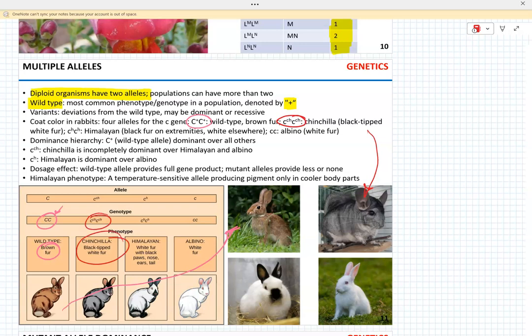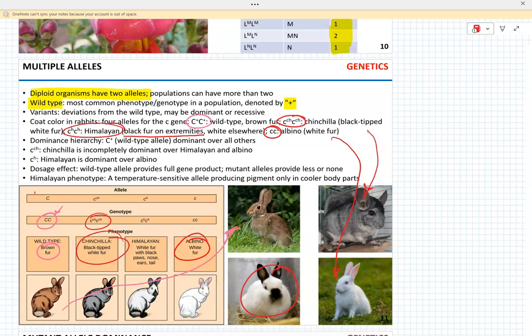The true breeding Himalayan alleles produce rabbits with white fur and black fur found only on extremities. And true breeding CC gives you rabbits with completely white fur, albino rabbits.